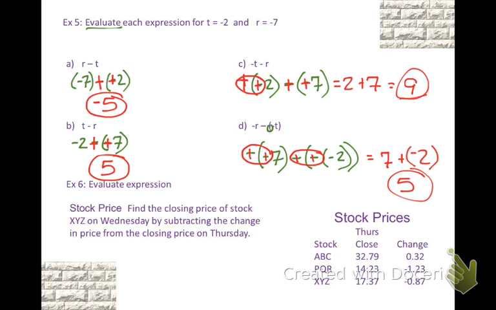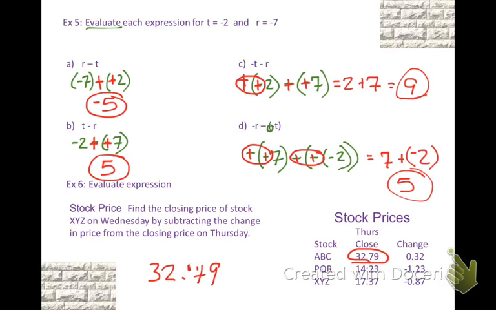6. Stock price. Find the closing price of stock on Wednesday by subtracting the change in the price from the closing on Thursday. So I have Thursday, and it will be 32.79.